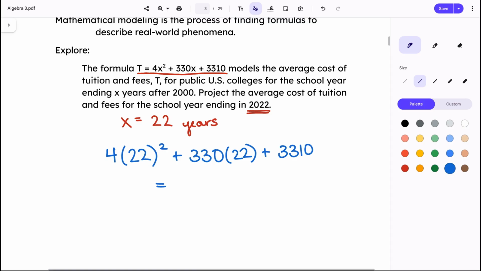What do we get for a cost? Good. That's what I got, 12,506.